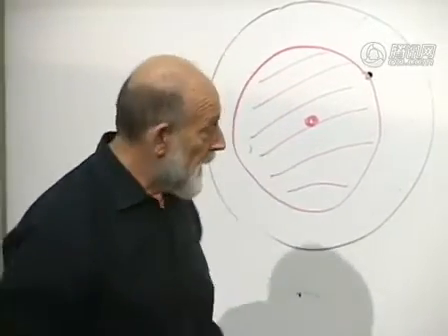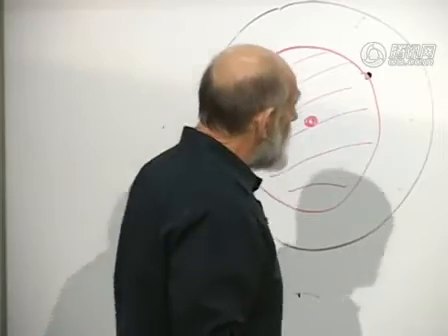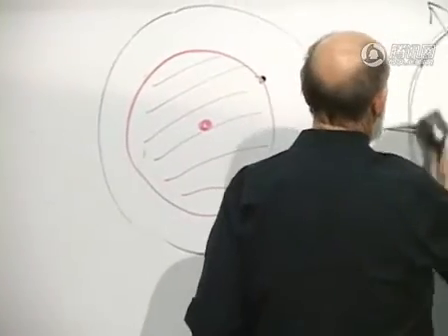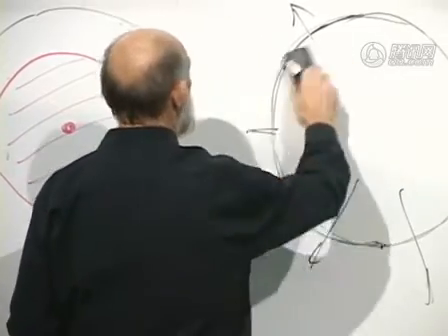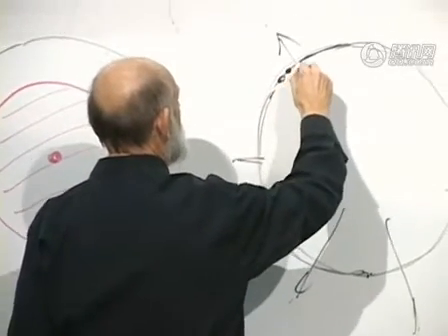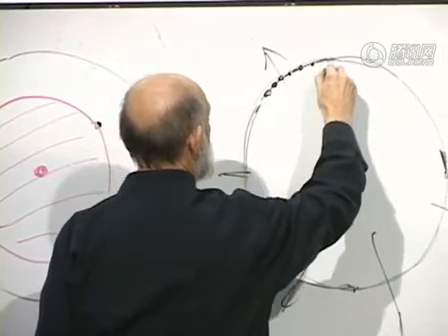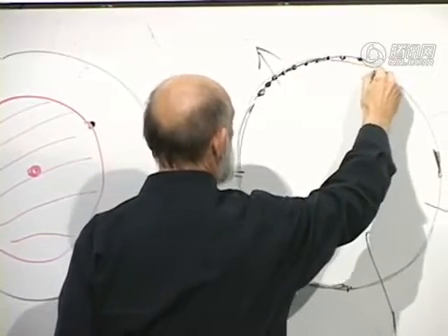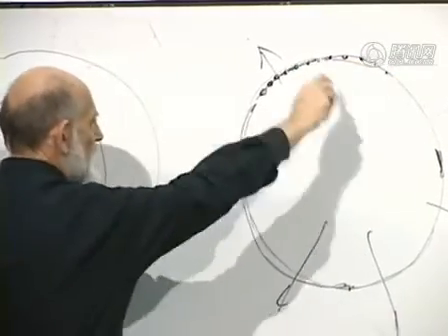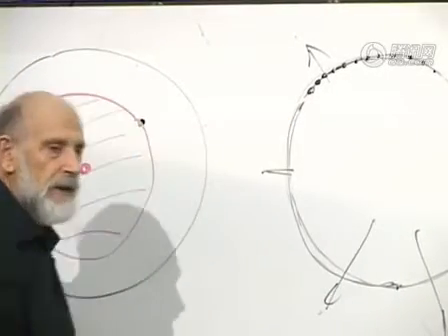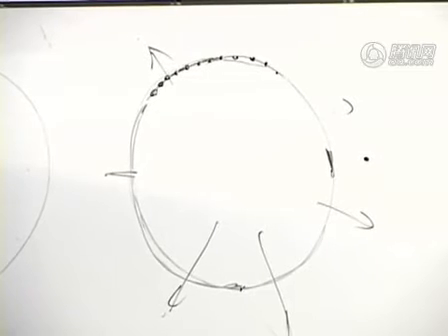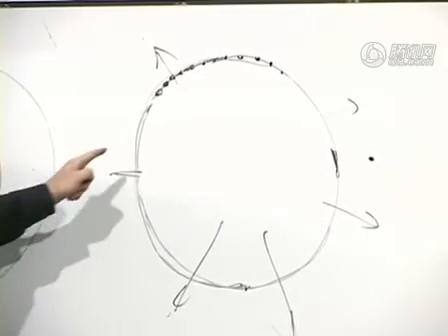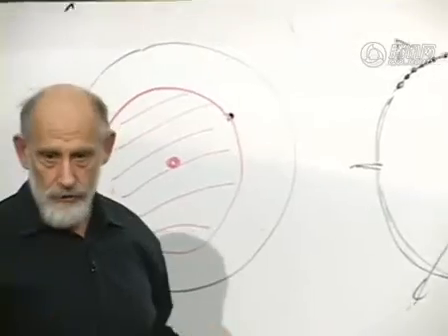Okay? Now, imagine that we put one of these little spouts at each point around the circle continuously, so that around the circle here, there was a continuous distribution of flow of water out of that circle.